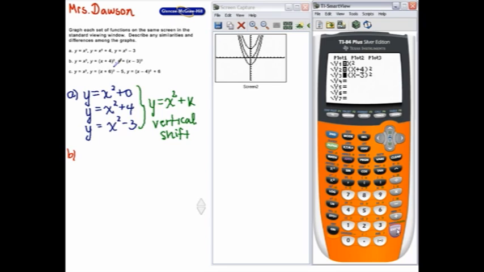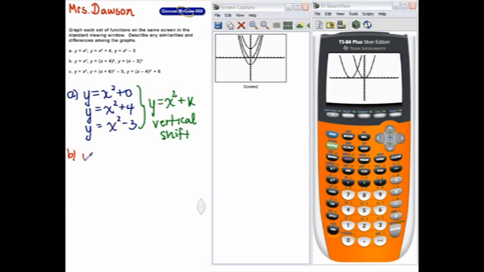So we'll go ahead and turn off y3 and y2 by going over the equal sign and hitting enter. So here's the original parabola back, centered at the origin. If we turn on y2, by adding 4 to the x inside the parentheses, let's see what happens. It's shifted to the left 4 units.